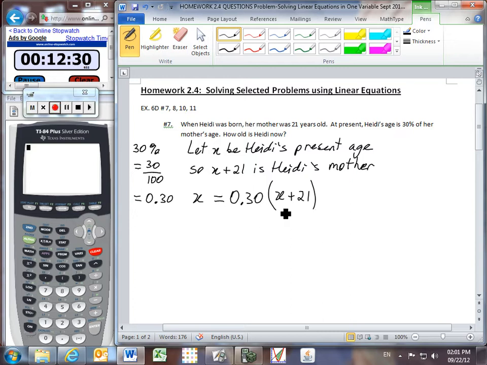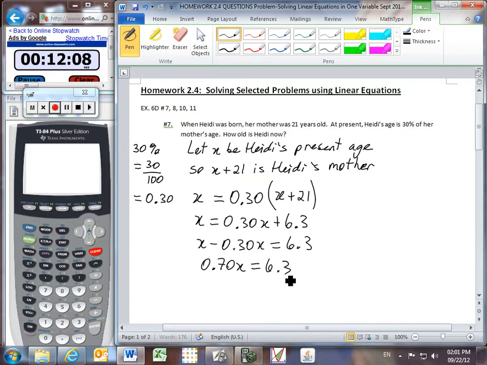Let's start by distributing on the right-hand side so we don't have any parentheses. And now I'll bring the x's together on the left. So if I subtract 0.30x from both sides, I'm left with just 6.3 on the right. And if I divide both sides by 0.7, I find that x is equal to 9.